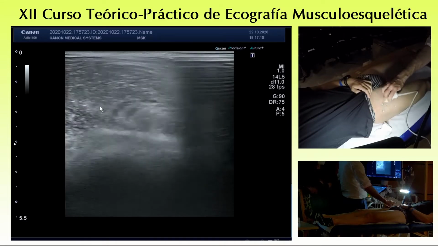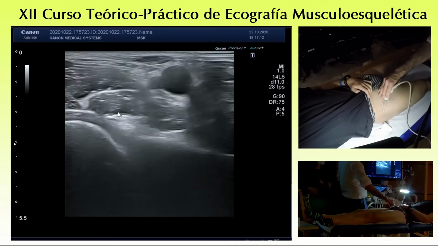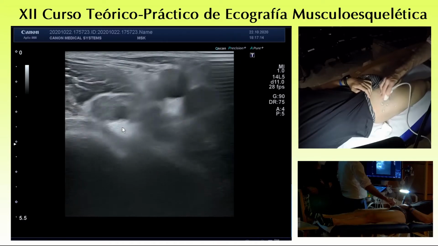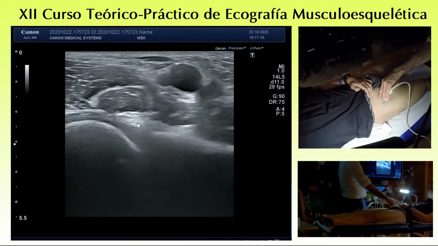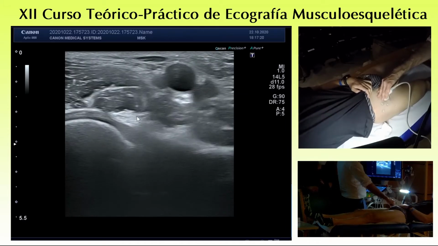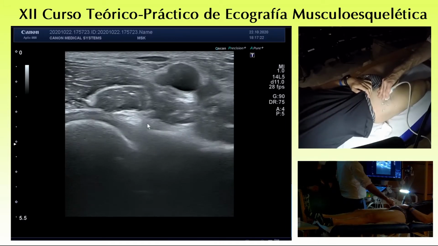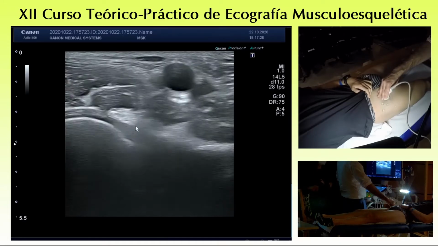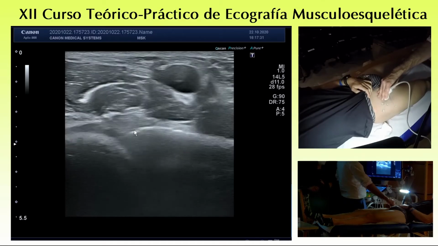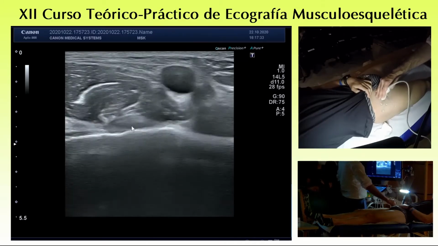Okay, this is also a good view to check any sign of impingement. You know that psoas tendon impingement is described, where you have alteration of the acetabulum and the labrum due to the action of the psoas tendon at this level over the labrum. So it's a good point to check this area.